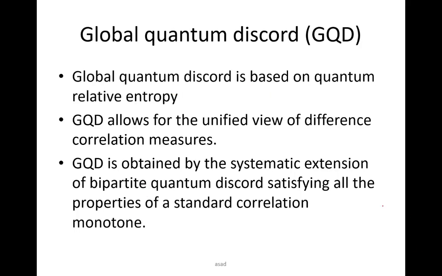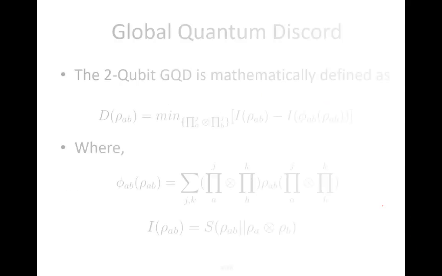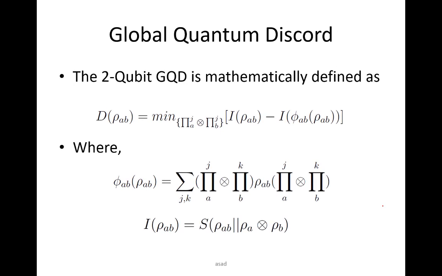Now let's discuss the mathematical formalism of global quantum discord. For a two qubit system, global quantum discord is defined in this way. First, you have to calculate the quantum mutual information, and you have to calculate it after making all possible projective measurements.